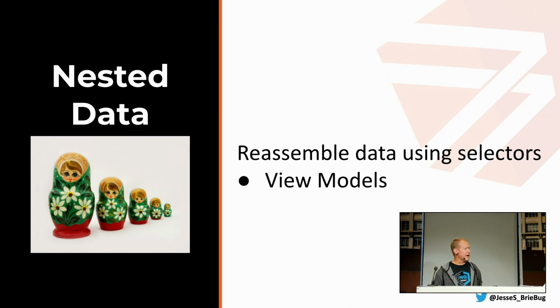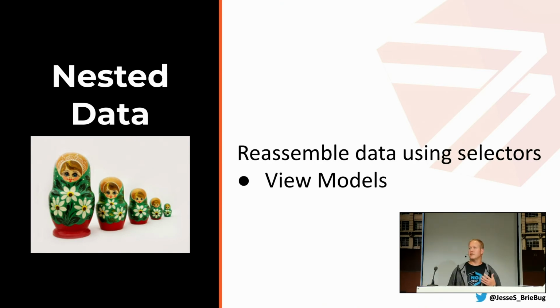Going back the other direction, you might want to consider using selectors to reassemble your data back into a nested structure. So what I'm telling you is it's not a good idea to put nested data into the store, but you might want nested data for the actual implementation and the rendering.